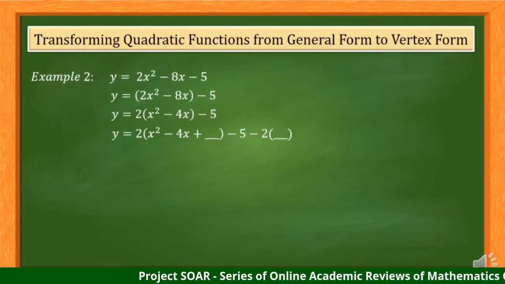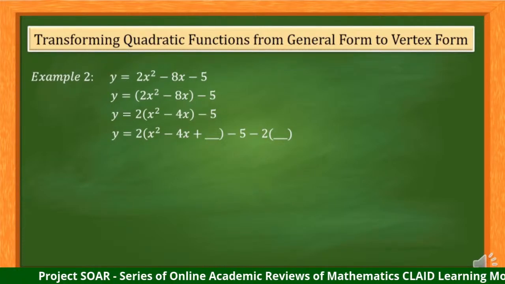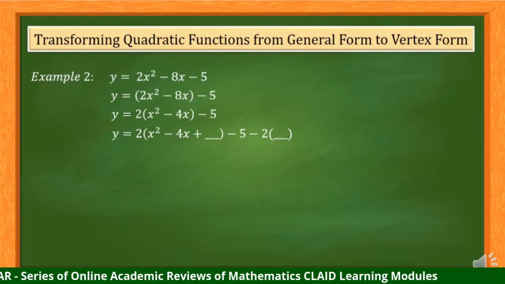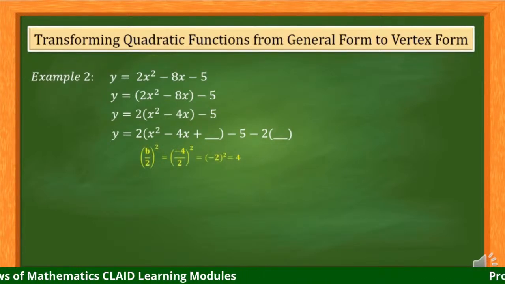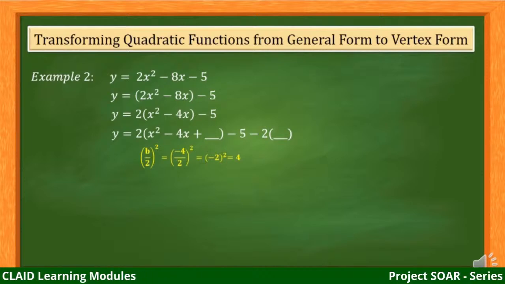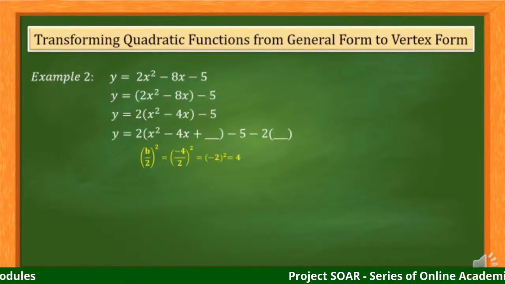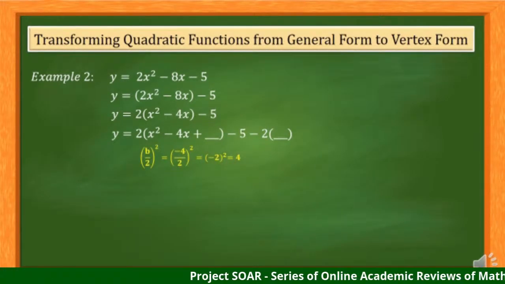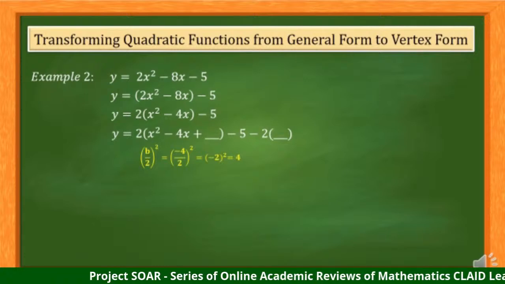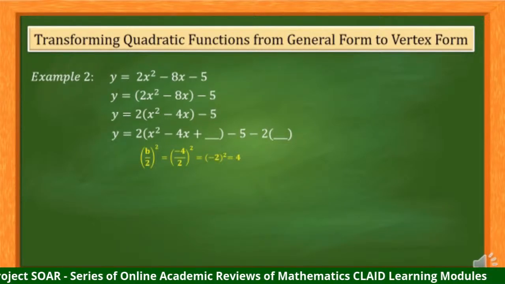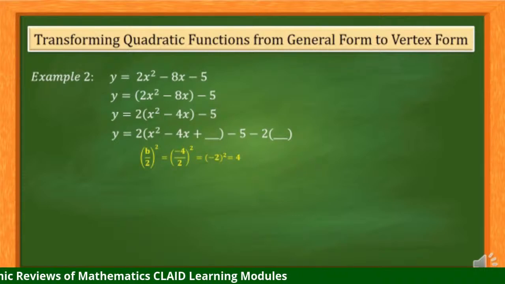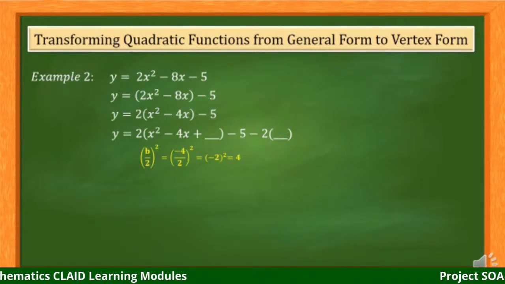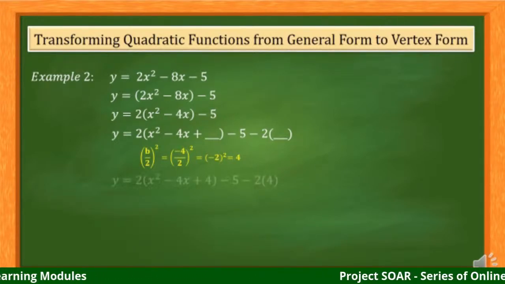Pero kung mapapansin nyo, nagkaroon ng 2 dun sa dulong part para maging balanse pa rin yung ating equation. So to solve for that value, we are going to use b over 2 squared. Then sa expression na nasa loob ng parenthesis, ang value ng b natin is negative 4. So we have negative 4 over 2 squared, which is negative 2 squared, and the result is 4.